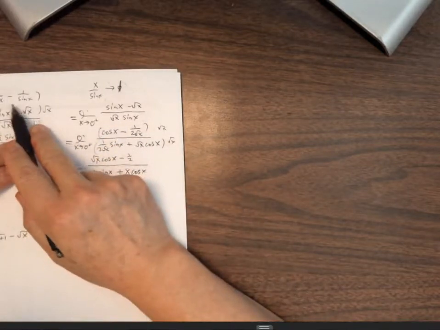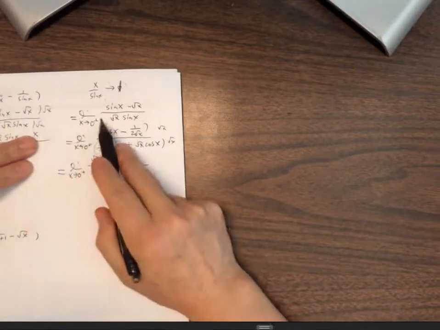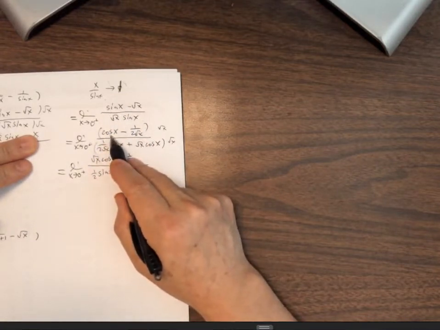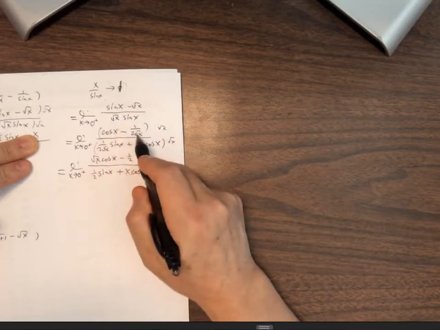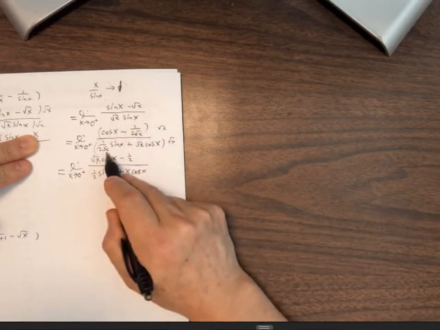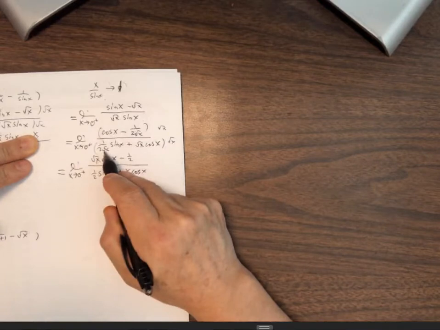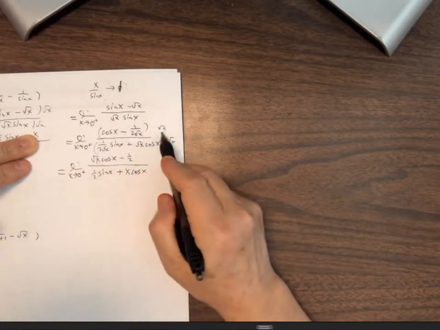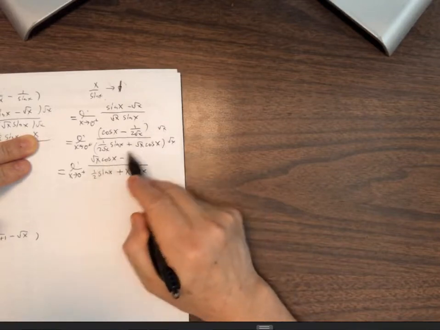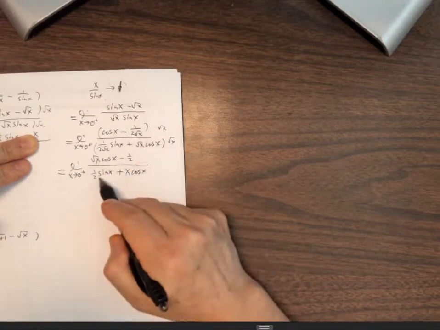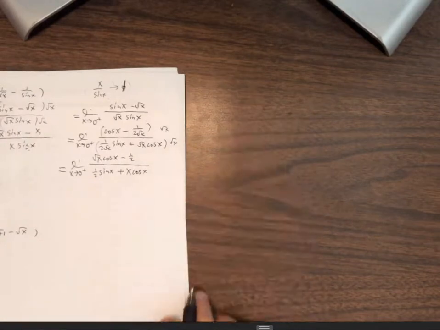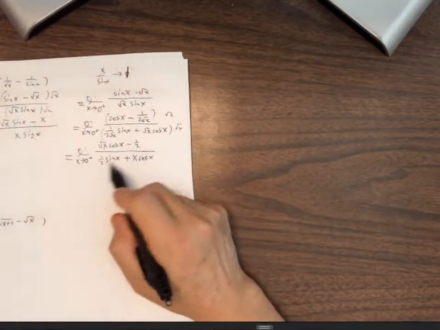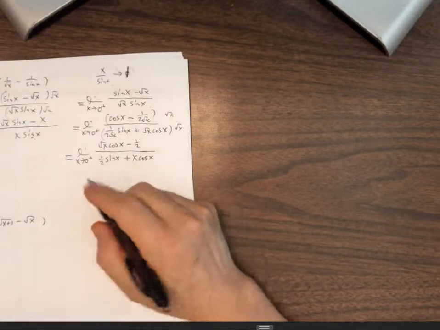So I combine, and then apply L'Hopital's rule. Derivative of sine is cosine. Derivative of square root x is the bottom. Product rule, cosine. Okay. Then I multiply square root x through the half. Great. Okay, nothing's wrong. Perfect. Now I see I don't have an indeterminate form anymore.